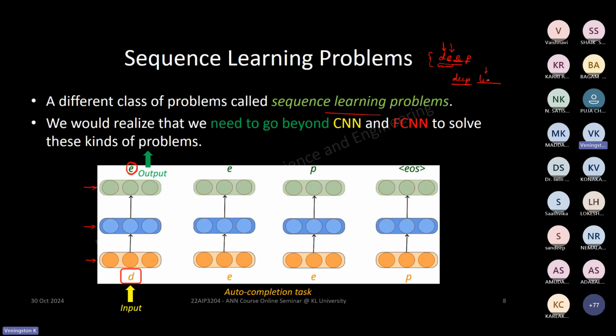For example, deep learning or deep dive or deep thinking, whatnot. There could be many possibilities, and the one which is more likely to appear after "deep" will be suggested by the model.